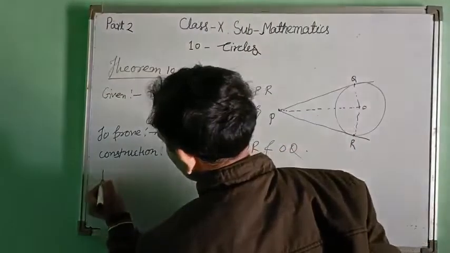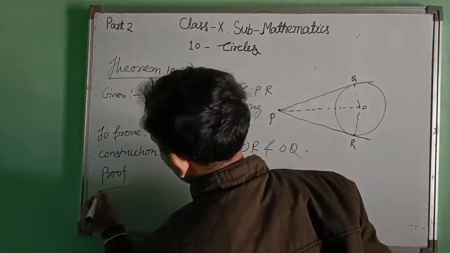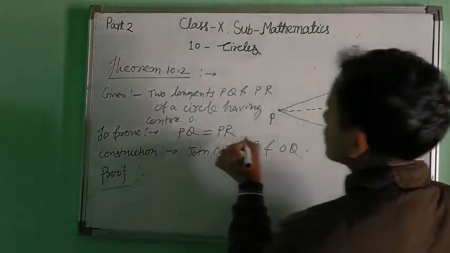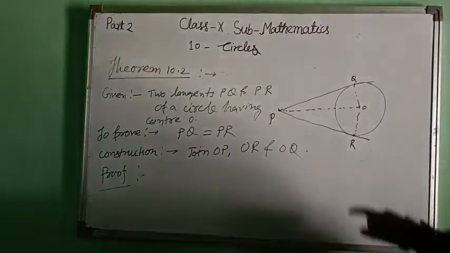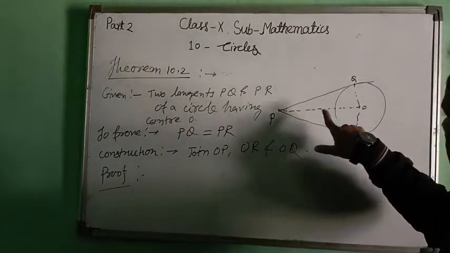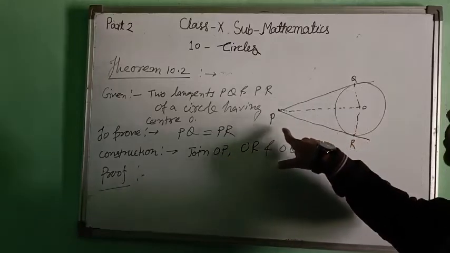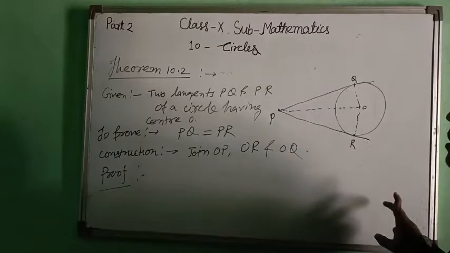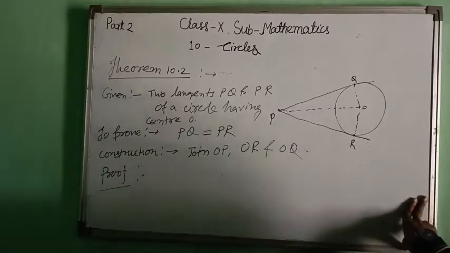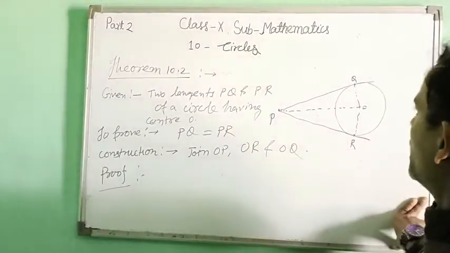Okay, proof. We have to prove PQ equal to PR. For this, we have to prove that triangle PQO and triangle PRO are congruent. Then we will be able to write PQ equal to PR.